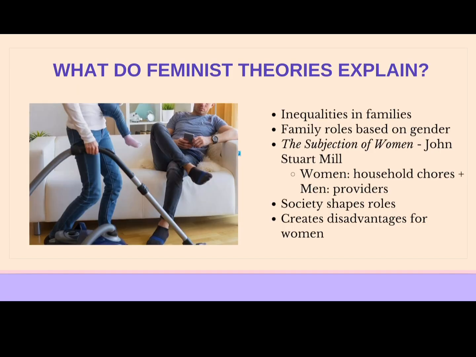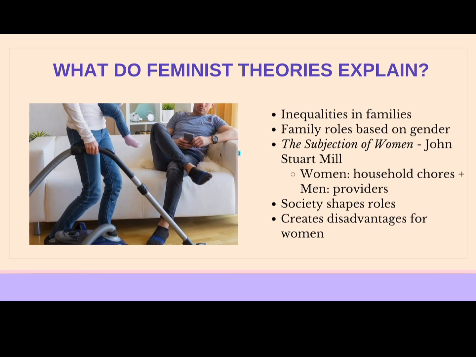Feminist theories explains how there are different inequalities in households within families. A lot of the time, different roles are given out to family members based on their gender. A feminist theorist called John Stuart Mill argued in his book, The Subjection of Women, that women clean the house, cook the food, do laundry, and men make the money, pay bills, protect the family. These roles have been shaped by society over periods of time and are not actually natural.